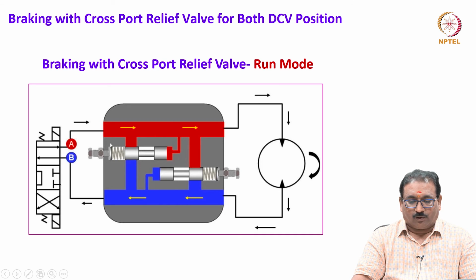Here there are two pilot valves. In running mode, you will see braking with the cross port configuration. In the parallel configuration, oil will enter here, go here and rotate. Then oil will come here and go directly to the tank. No need to worry in running mode.